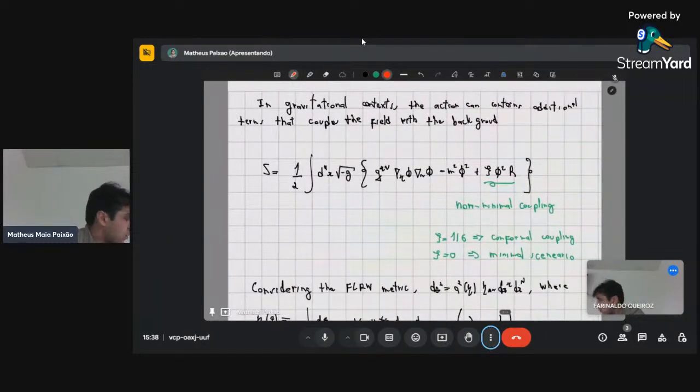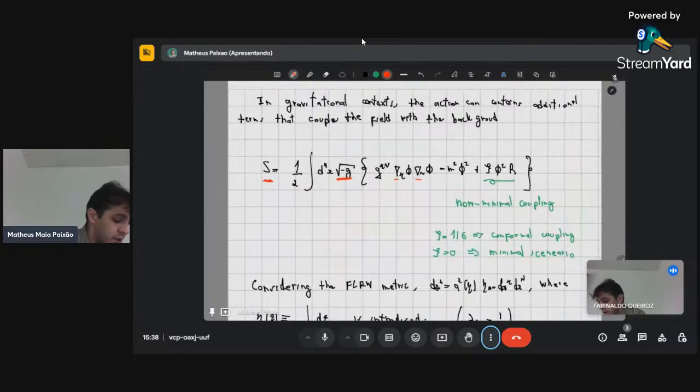Once we make all those changes I listed before, I can write down my action in curved space-time. I have here the determinant of the metric, the covariant derivatives, and I additionally consider a non-trivial coupling between the scalar field and the space-time metric.